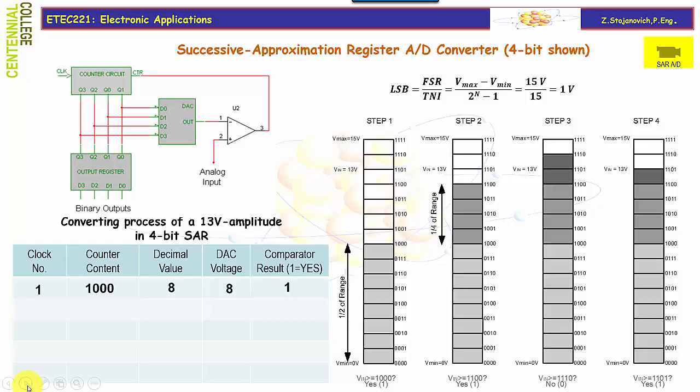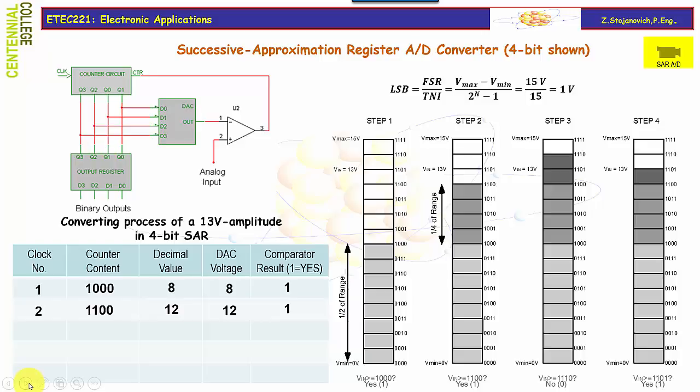Therefore, the control circuit decides to keep the current bit, which is the most significant bit, at 1 and add half of the upper half of values, loading the SAR with 1100 binary or 12 decimal. Now the DAC provides a voltage of 1 volt per count times 12 counts equals 12 volts.